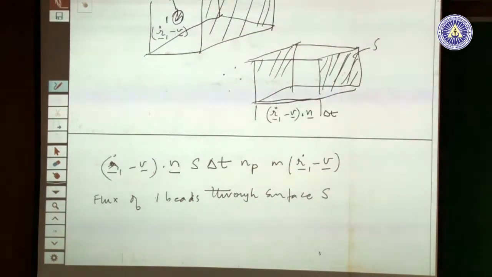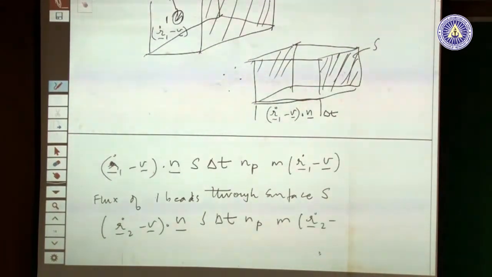S, if I now integrate over all possible velocities and connector vectors and so on, I take the average of this. But before I do that, they will be identical for r2 dot, right. I can make the same argument, ditto for 2 beads through the surface, right.